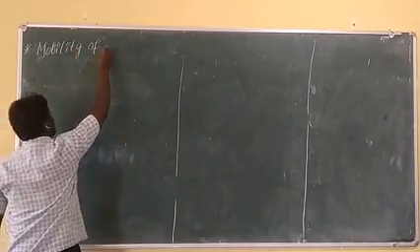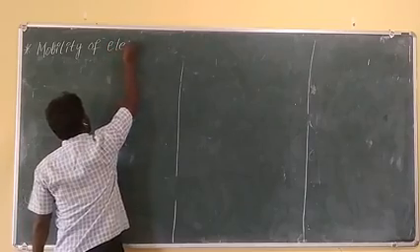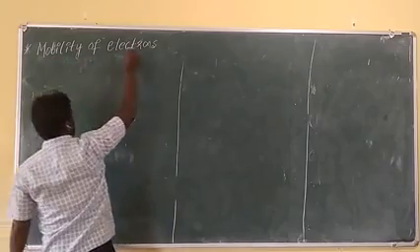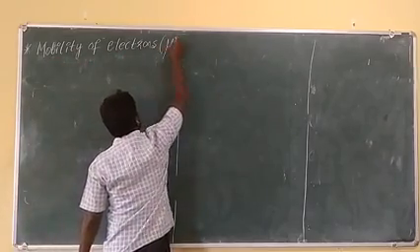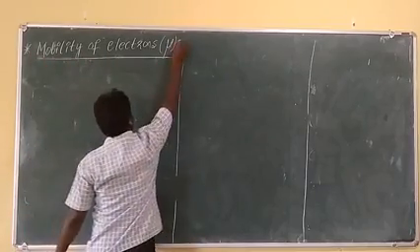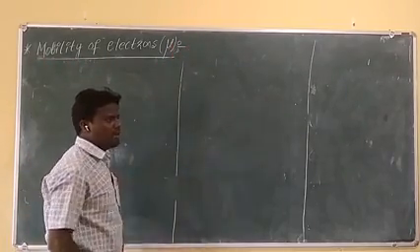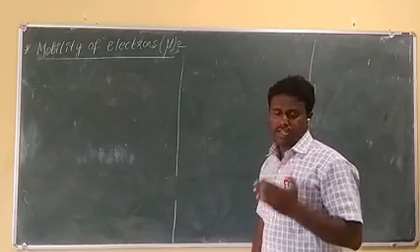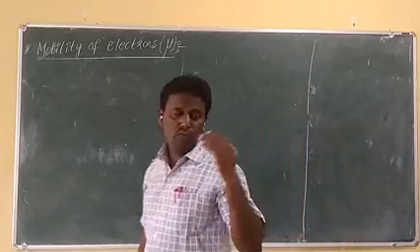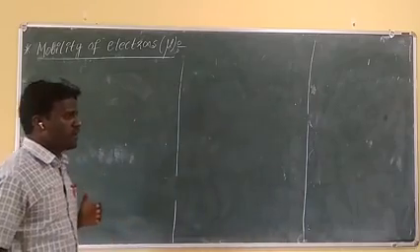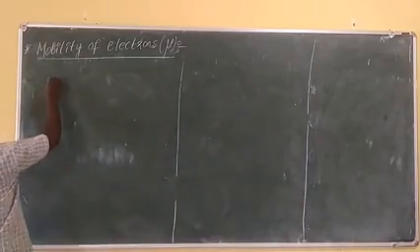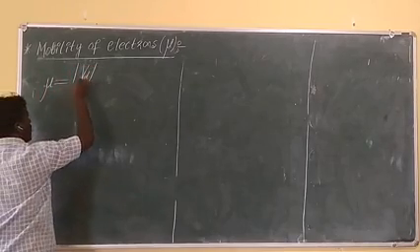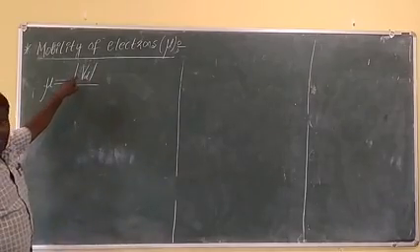Mobility of electrons is denoted by mu. Mobility is the ratio of the magnitude of drift velocity to the electric field, so mu equals the magnitude of Vd divided by E. What does it mean? The positive value of drift velocity.